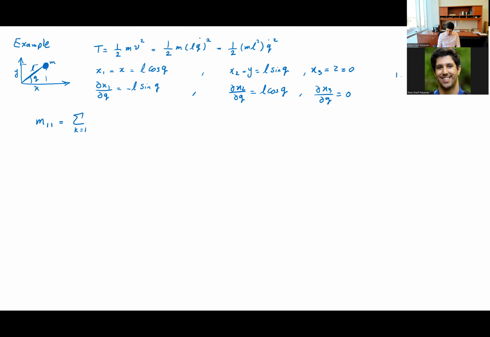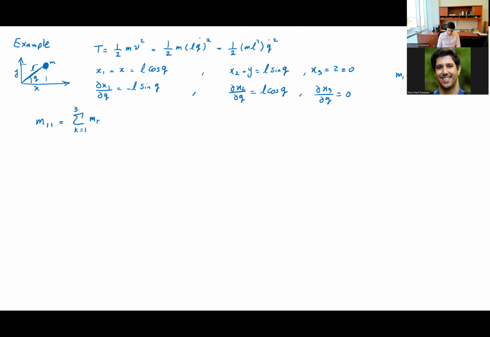Let me write down that m1 equals m2 equals m3 equals m. These are the masses. Here n is three, and actually the last coordinate, z, is 0, so even up to 2 would work.